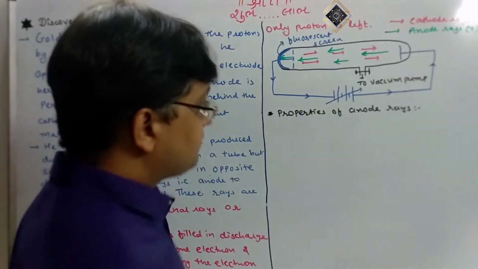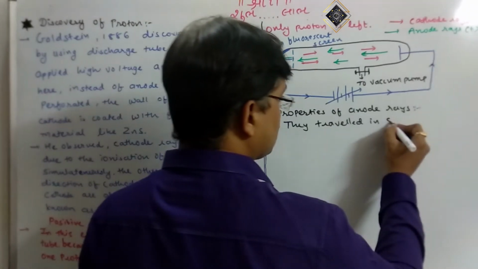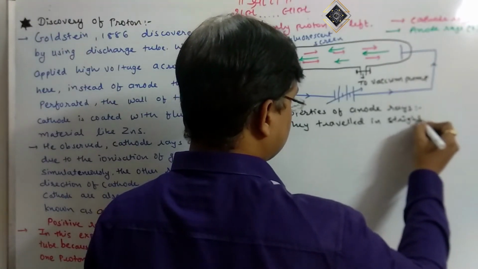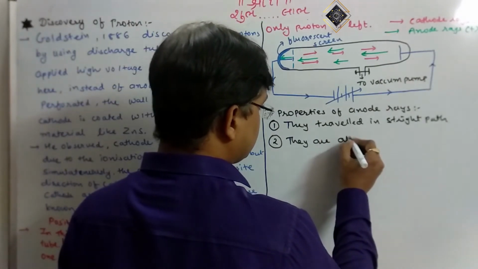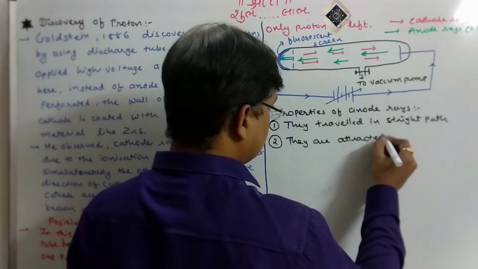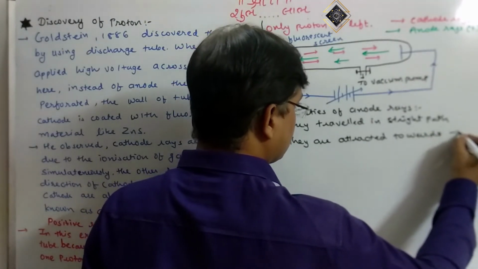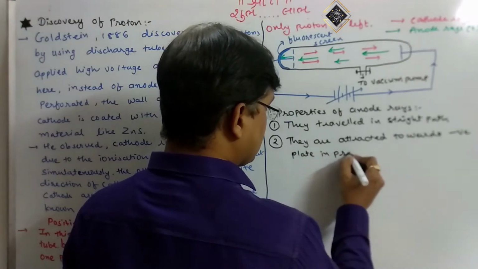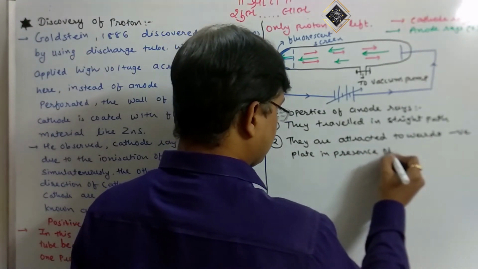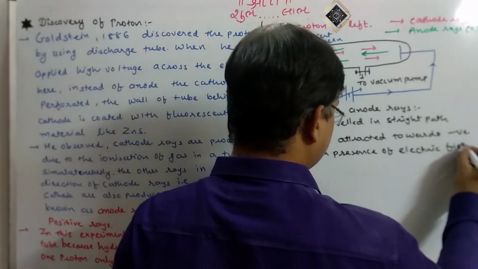Properties of the anode rays. The first property, they travel in a straight path. Second, they are attracted towards the negative plate in the presence of an electric field.